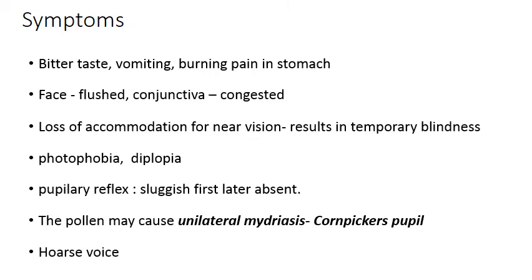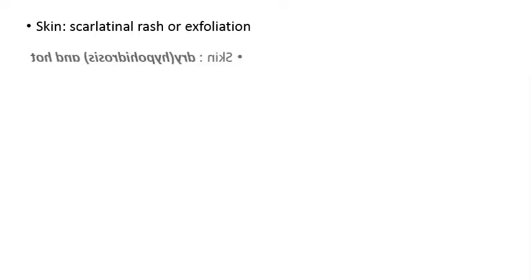Then the person may also experience hoarseness of the voice. The skin of the person who has consumed Datura will have a rash, that is called scarlatinal rash, or it may present as exfoliation. The skin, when touched, appears very dry and hot.